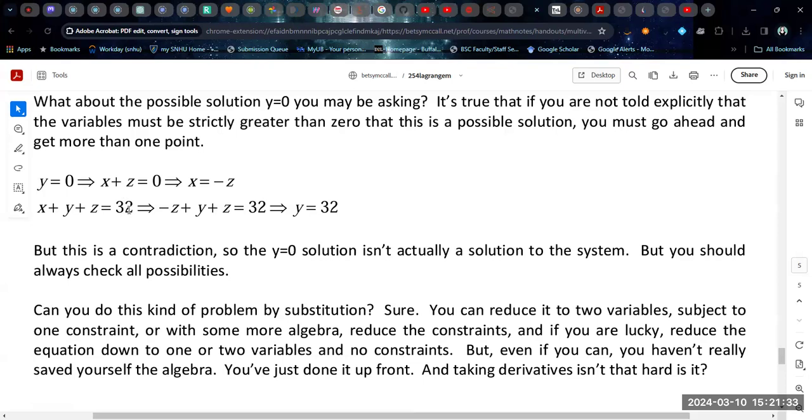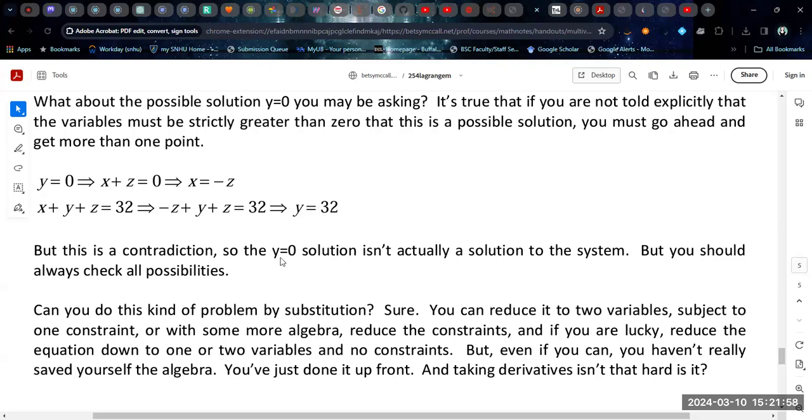That would imply in this constraint equation that x plus z is equal to 0, so x is equal to negative z. And that would cancel out these z's, in which case you would end up with y is equal to 32.